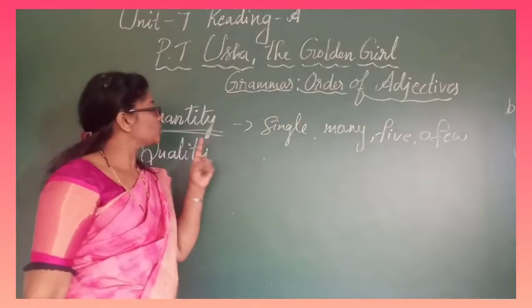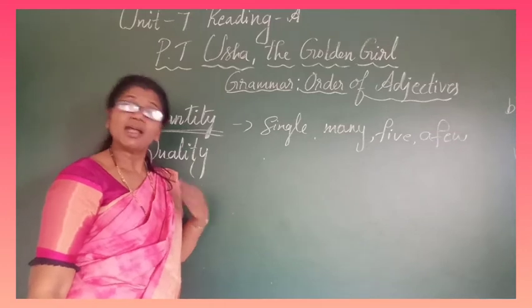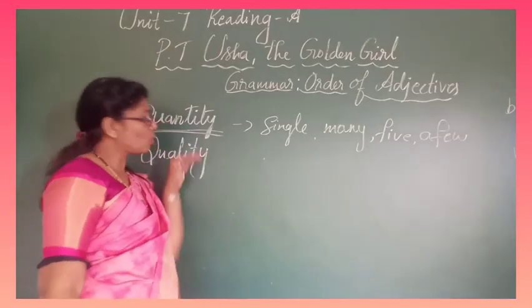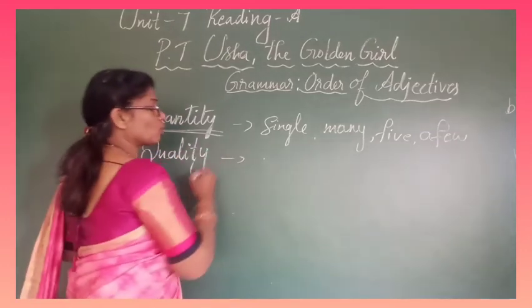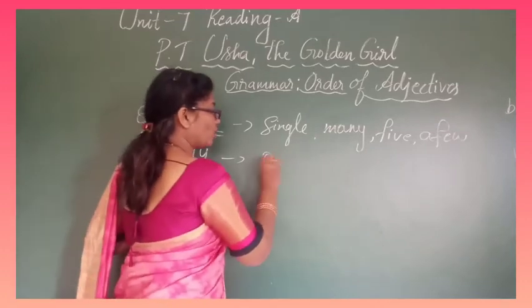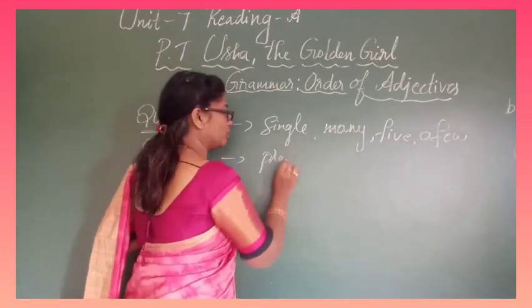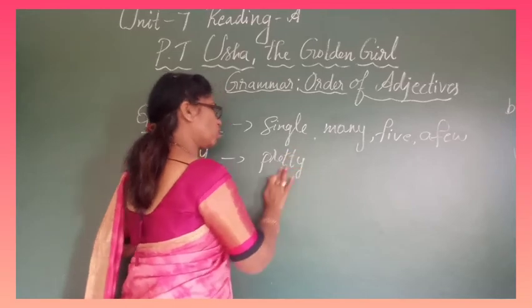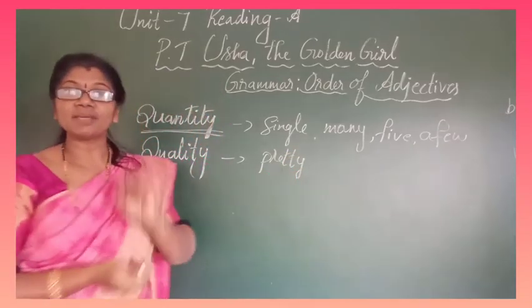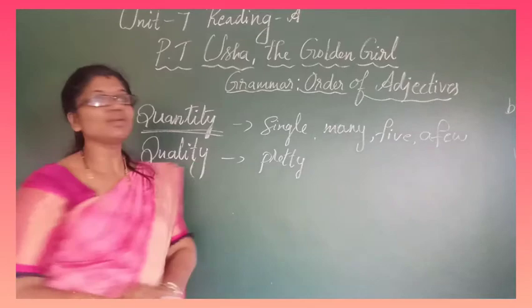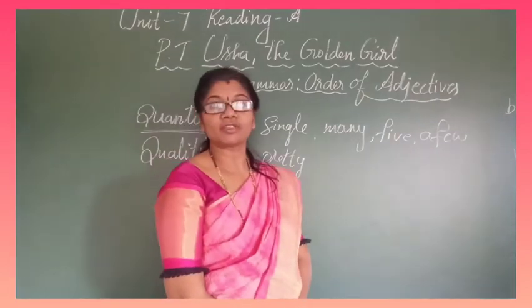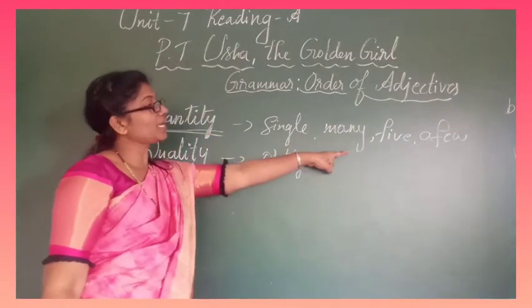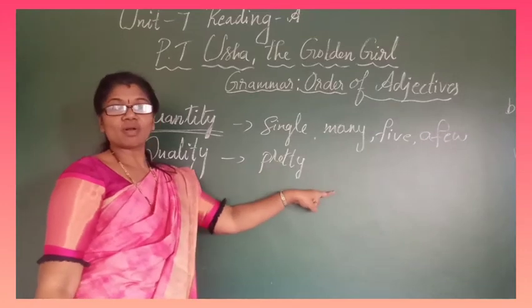Take first place one. If you have quantity, or if you don't want to mention it, then go with the second one. What is this? Quality. Pretty, quality. Talking about the kind of thing. I have 3 pretty dolls. You cannot say I have pretty 3 dolls. You should say I have 3 pretty dolls.